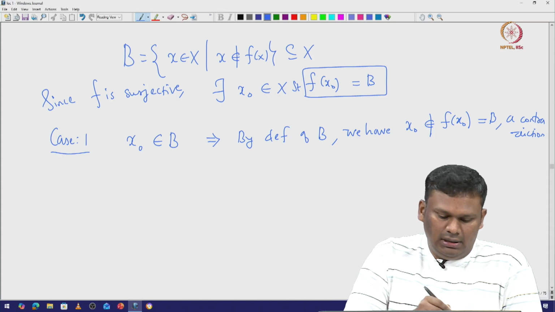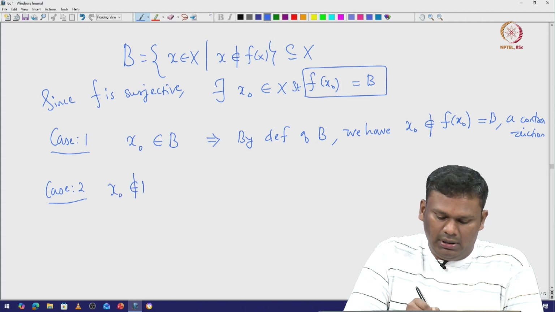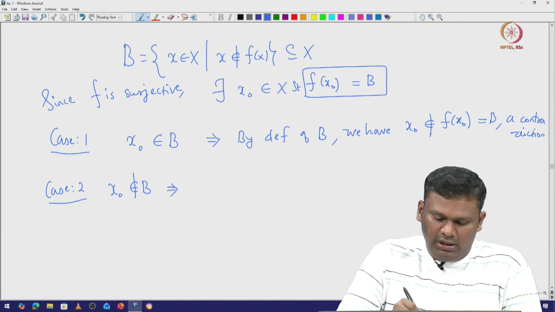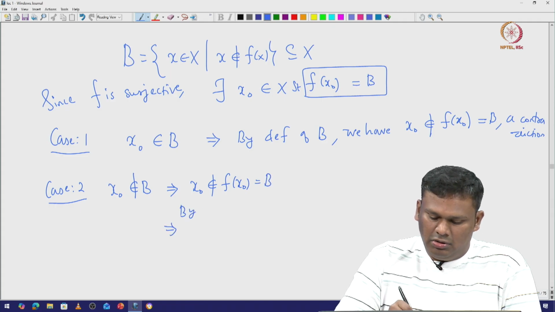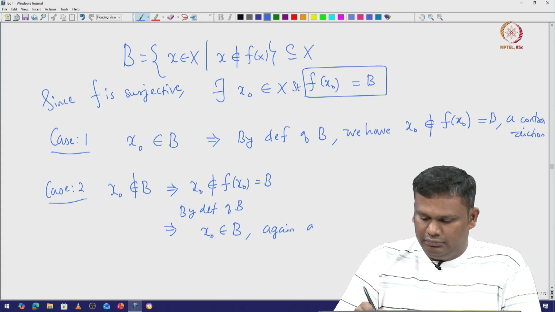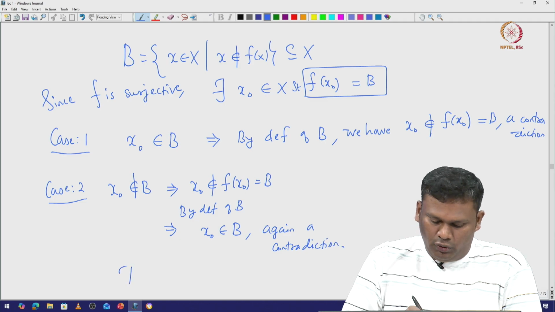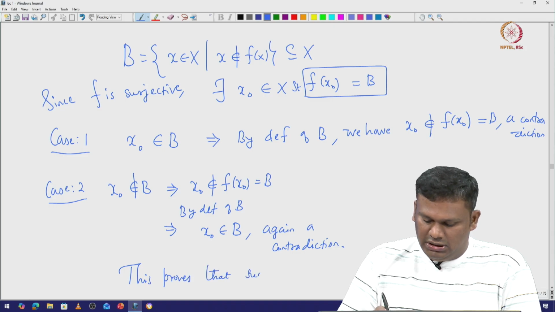Similarly, in case 2, suppose x naught is in B. That means x naught is in f of x naught, which is B. Then again by the definition of B, we get x naught is not in B, again a contradiction. So this proves that such an f should not exist.